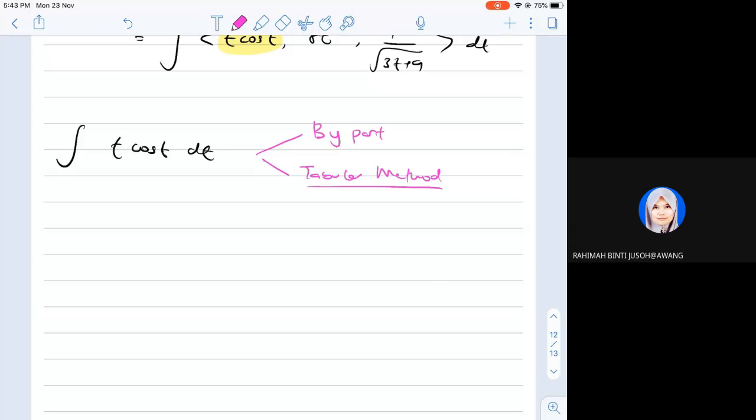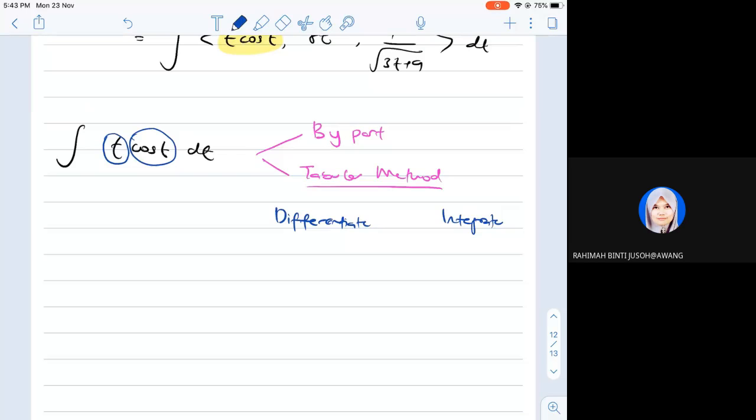In the tabular method, you will have a differentiate column and then an integrate column. When do we need to use the tabular method? When we have a multiplication of two types of function.